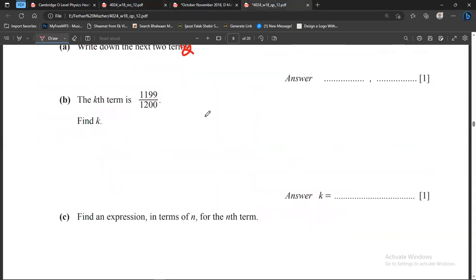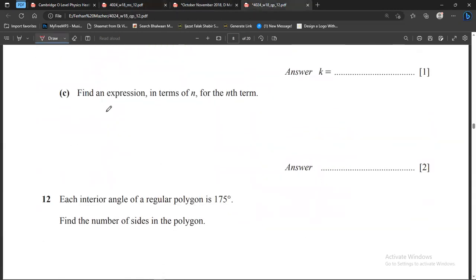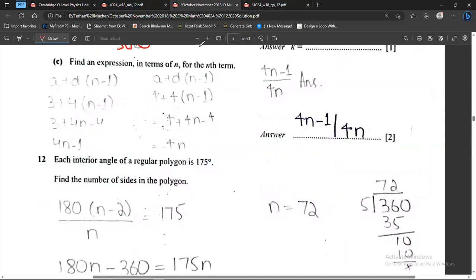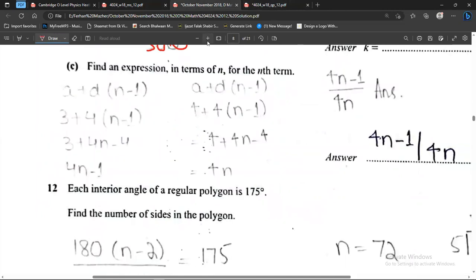Okay, find an expression in terms of n for the nth term. The nth term we can very easily find out. Let me show you the numerator sequence. You know that it is a plus d bracket n minus 1. So the first term is 3, plus the common difference, which is 4, bracket n minus 1 bracket close.